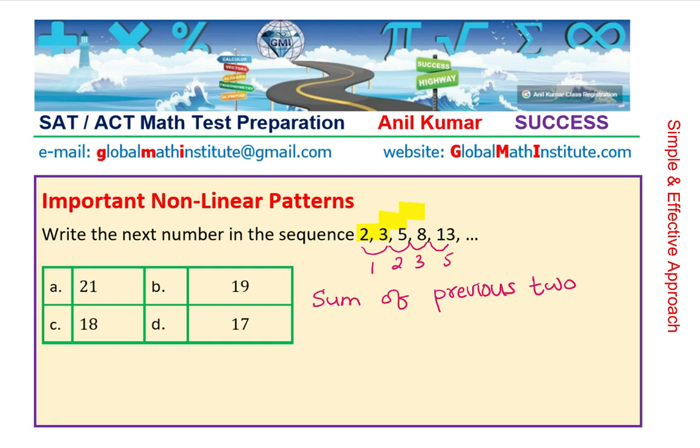When you sum the previous two numbers, you get the next number. So the next number will be 8 plus 13, which is 21. Therefore, option A is the correct answer.